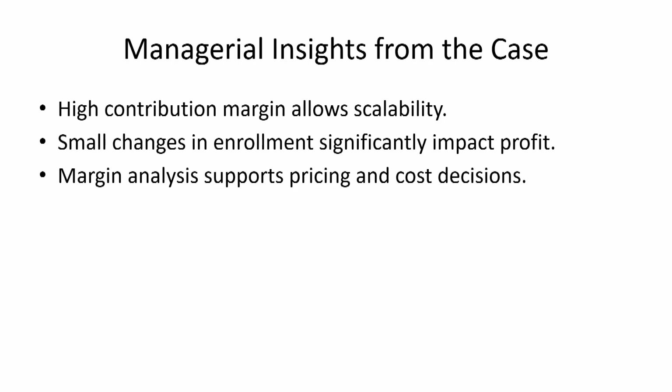So, what are the managerial insights that we can derive from this case? High contribution margins allow scalability. Basically, if the contribution margin is high, then it will take lesser time and lesser effort to meet the fixed cost.